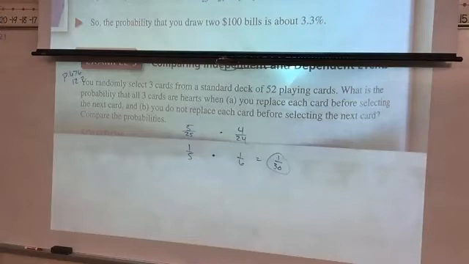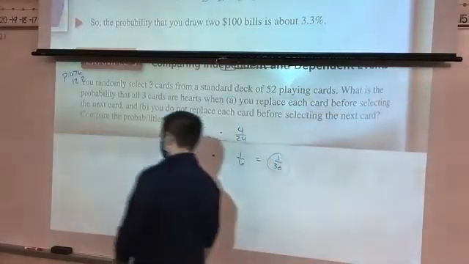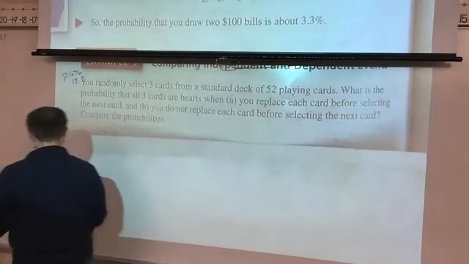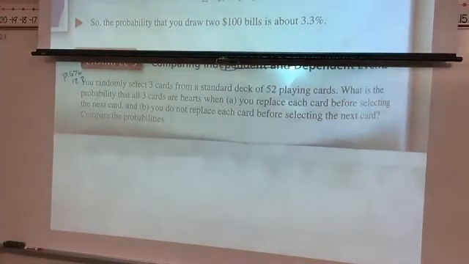One over four. And then don't put it back. 13.